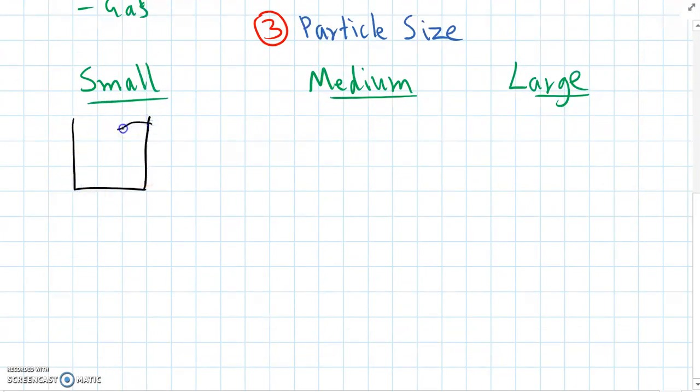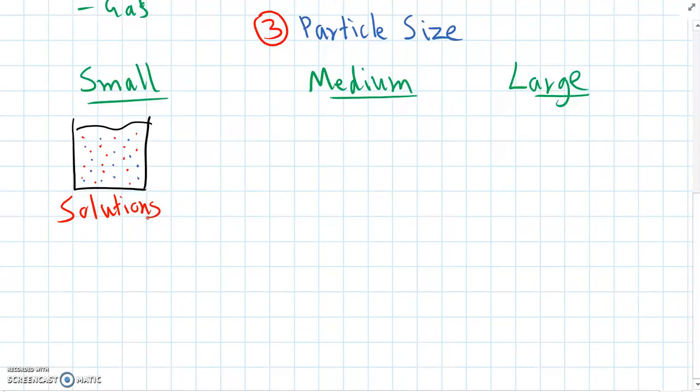we've actually already learnt about. A mixture that has small particles that are evenly spread apart or evenly dissolved, these are called solutions.